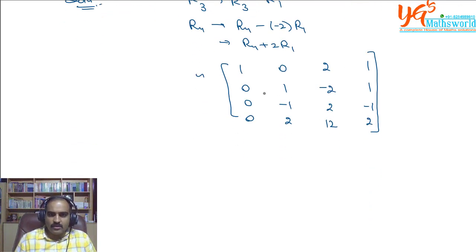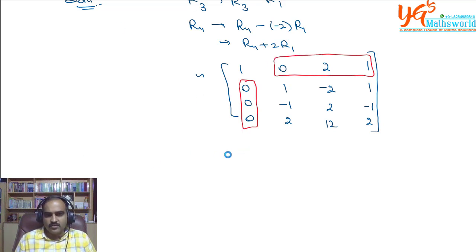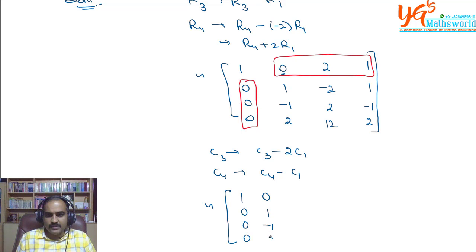Now after getting all the zeros over here, I need to reduce these elements to 0. So with similar operations, in that case we have to apply them on columns. C2 is already 0, now C3. On C3 I'll apply C3 minus 2 times C1, and on C4 I need to apply C4 minus C1. So the given matrix reduces to 1 0 0 0, 0 1 minus 1 and 2.